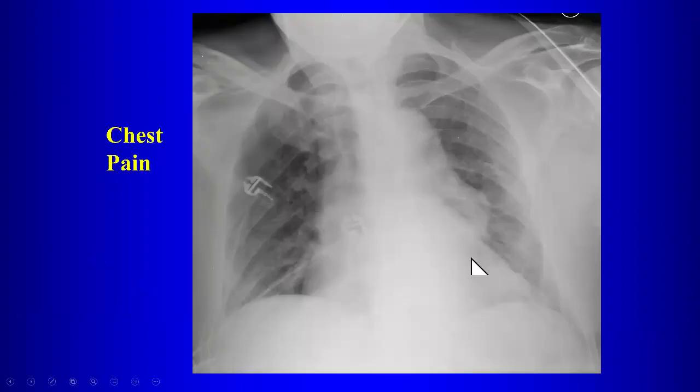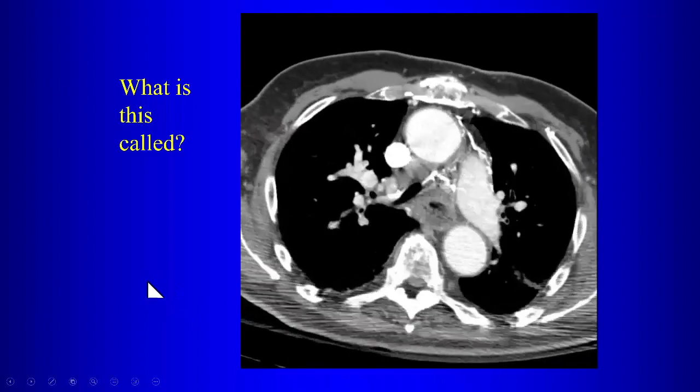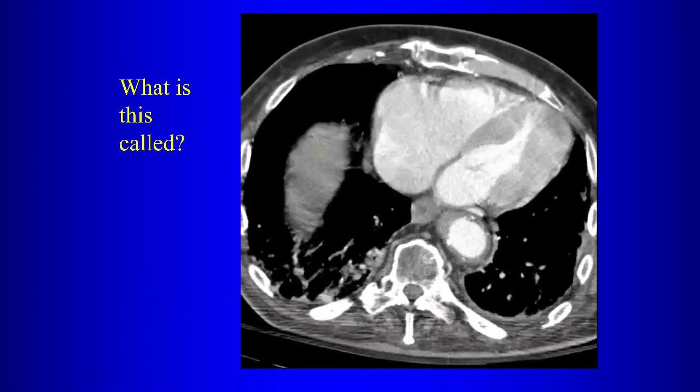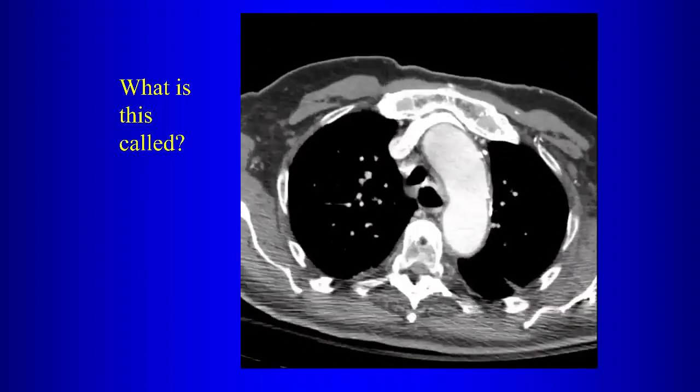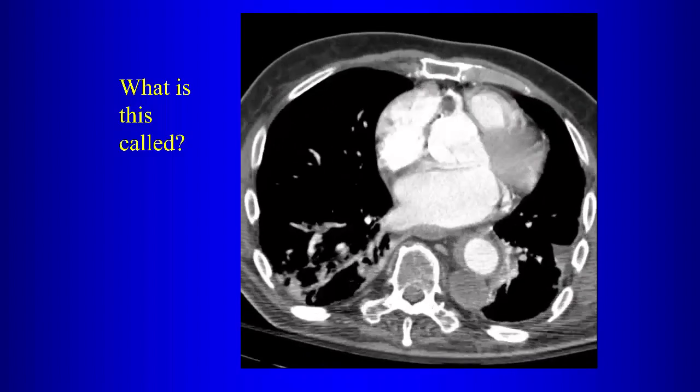Another patient with chest pain, looks like a problem of the aorta. And so let's take a look. And our CT looks like this. So, what is this called?